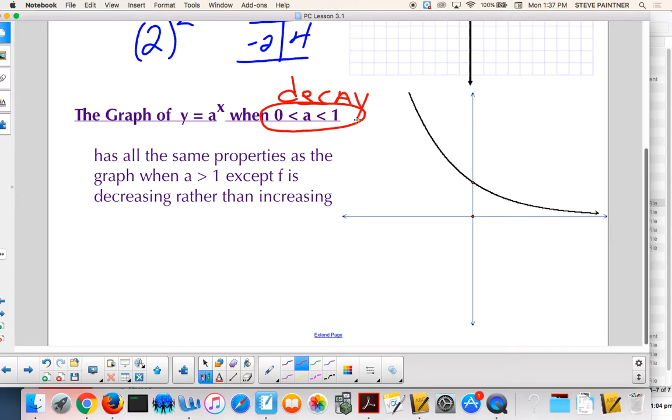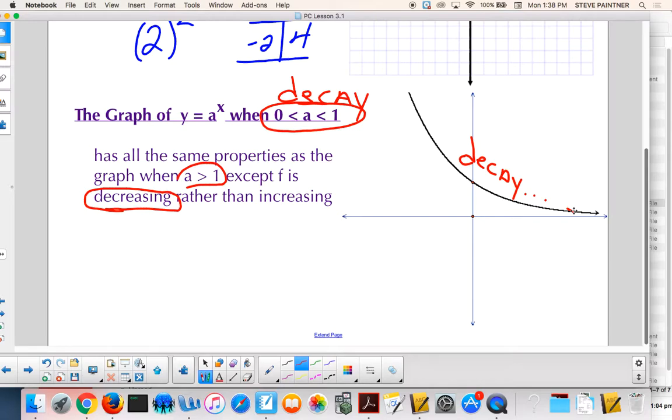Decay. It has all the same properties as when a was greater than 1, except it decreases rather than increases. That's what it does. So this is the look of decay. Decay just kind of goes down here, right? Good?